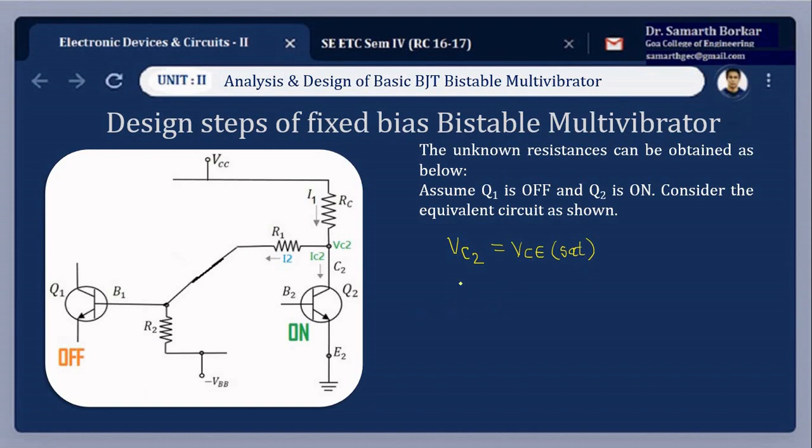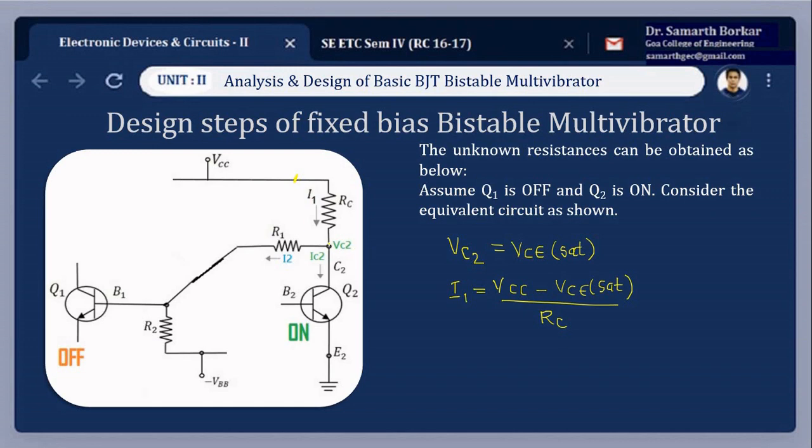Likewise, we can calculate the current I1. So I1 will be equal to VCC minus VCE set divided by RC. Here, if I want to calculate the current passing through this resistor, check out the two ends of the resistor. At one end it is connected to VCC, the other end it is connected to VC2. Now we're going to try to solve this problem for two cases. Case 1, if we want to ignore the junction voltages, we are going to take this VC2 as 0, and if we have to consider the junction voltages, then this has to be taken as 0.2 volts.